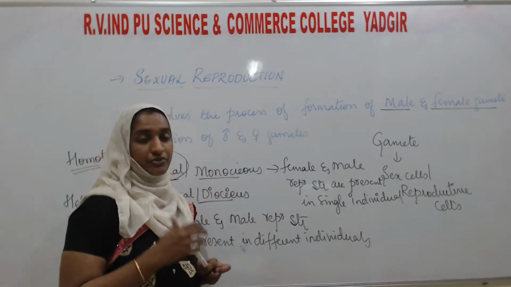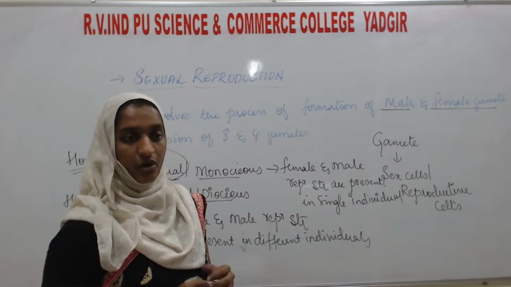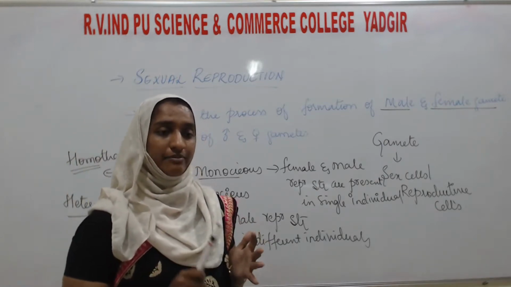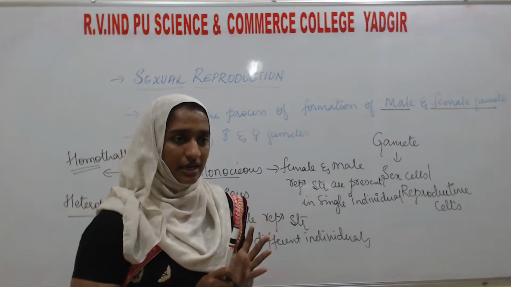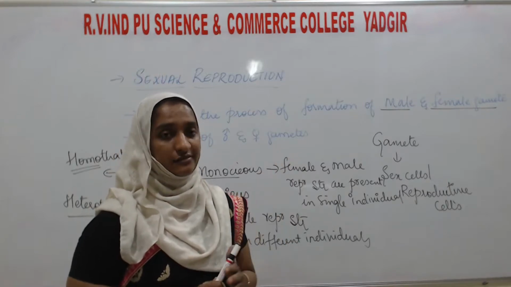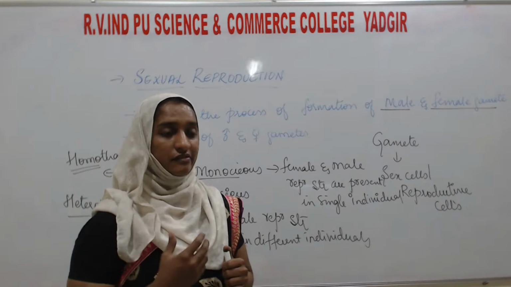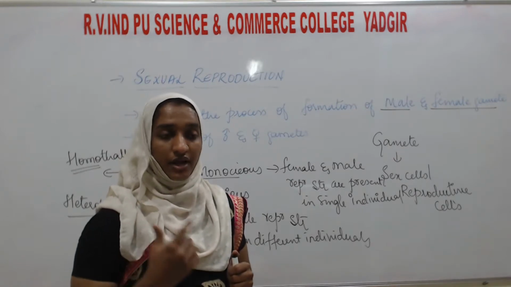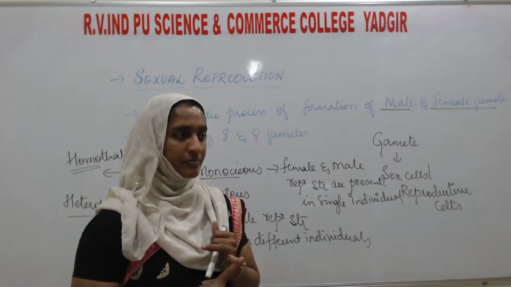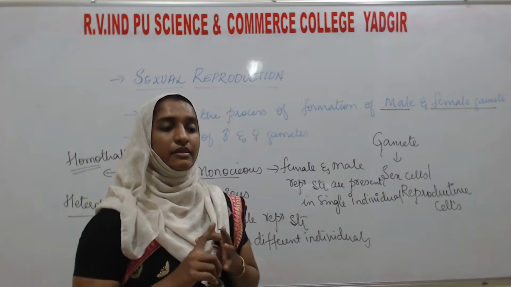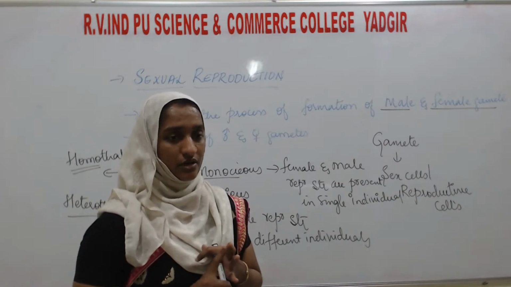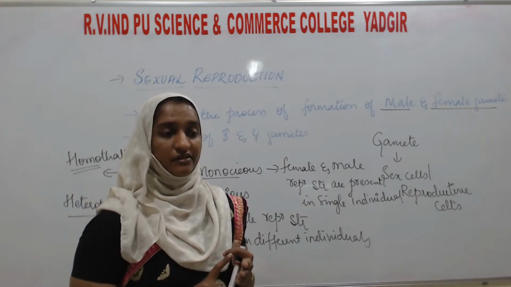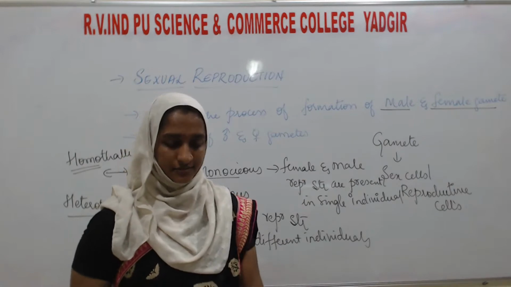So all organisms, including plants, animals, fungi, algae, have some phases in sexual reproduction: growth phase, reproductive phase, and then the old age or senescence phase. These are the three phases. We will discuss these in the next class. Okay, thank you.